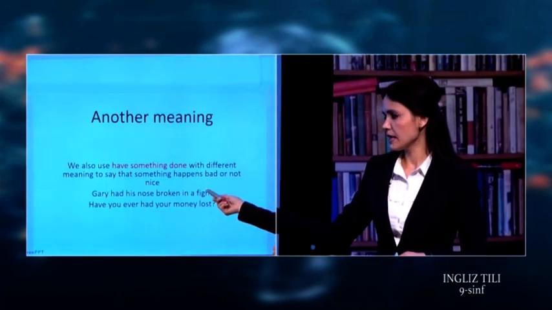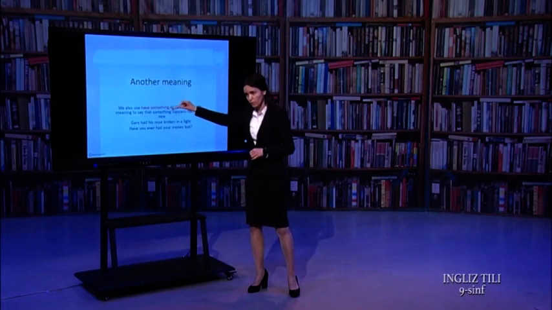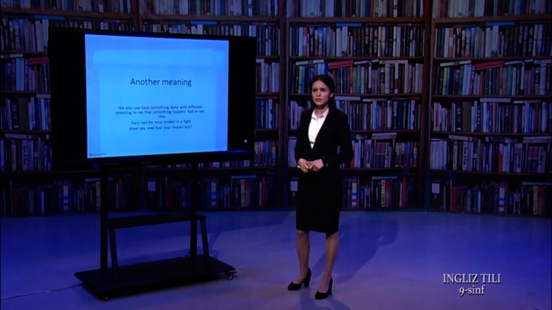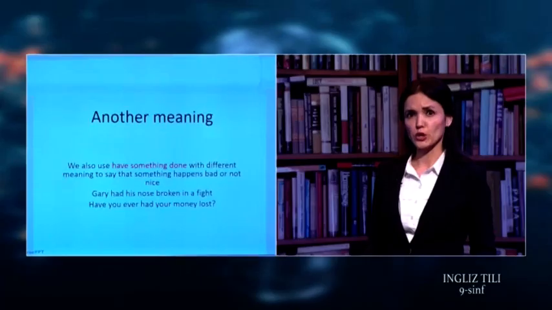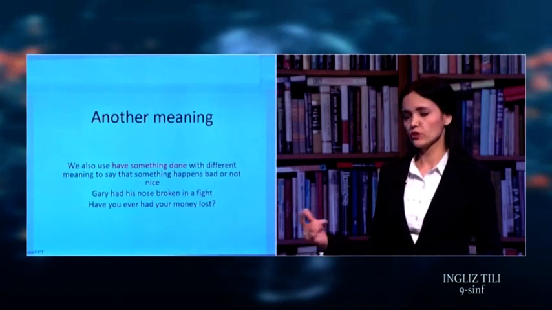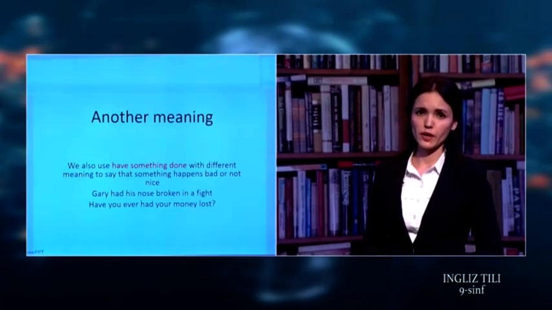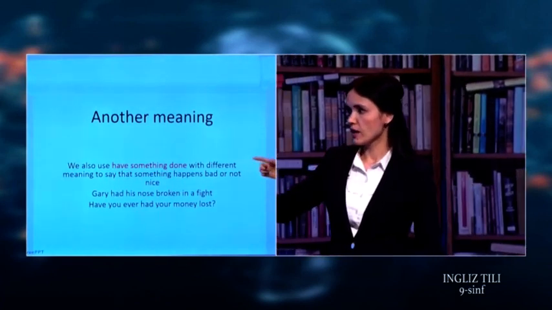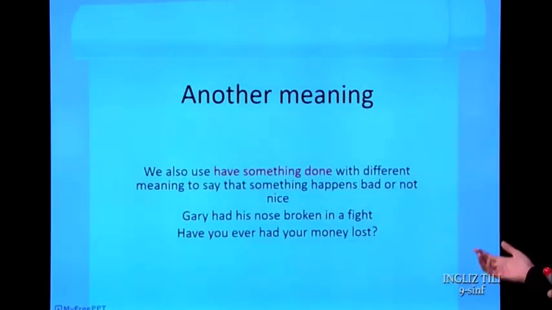And in this case, we use the same structure but with a different meaning. Have you ever had your money lost? That means you never arrange to lose your money. Nobody wants to lose their money, right? So, anyway, have something done has a different meaning, but you use this structure in this sentence.